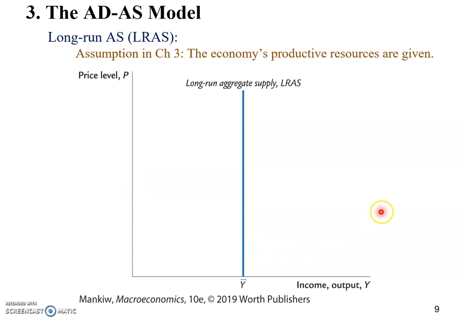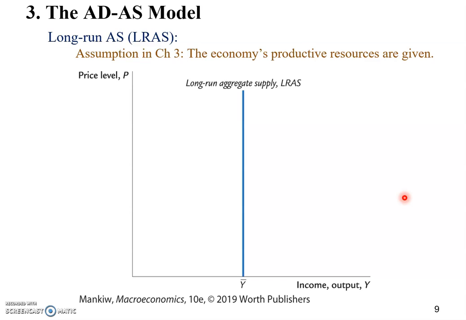Okay. All right. Now let's put aggregate demand, short-run aggregate supply, and long-run aggregate supply, all three curves together on the same graph. Now before I switch to the next slide and talk about the three curves, I would strongly encourage you to pause the video and try this on your own.